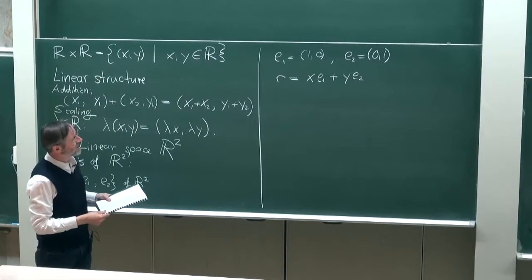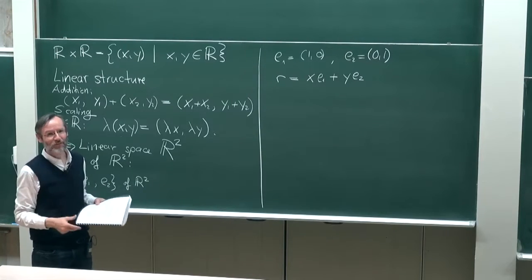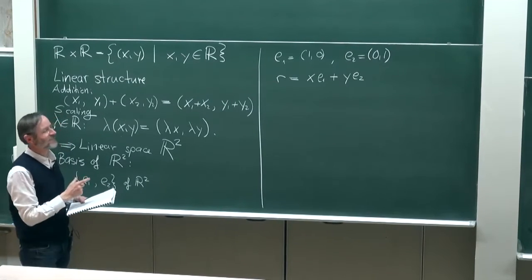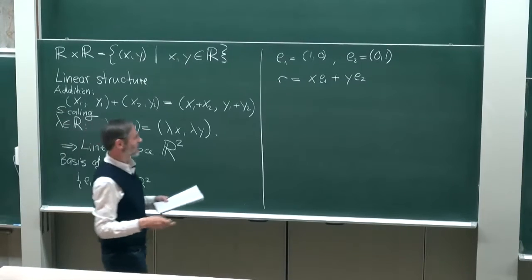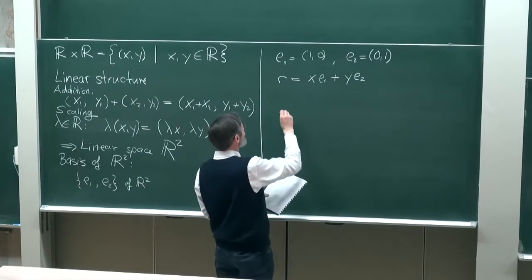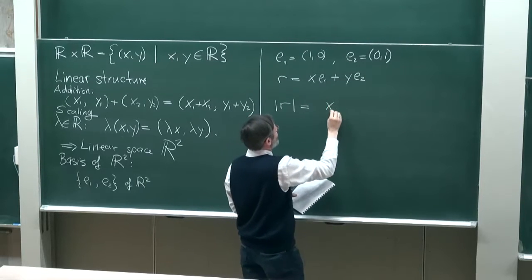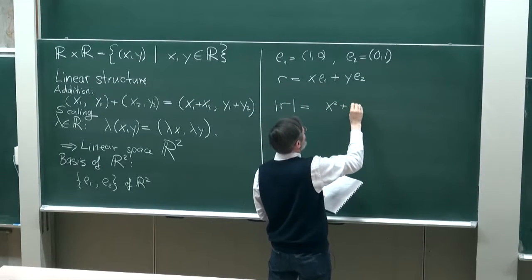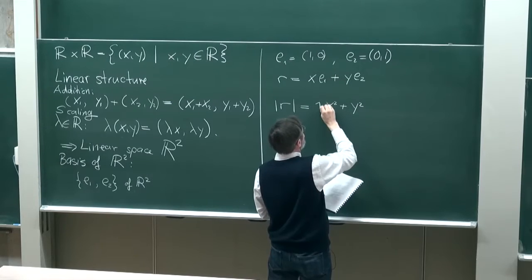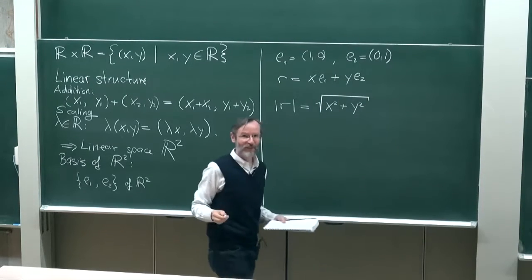And then we also can define a length of R, and we define the length of R simply as x squared plus y squared, and we take the square root.